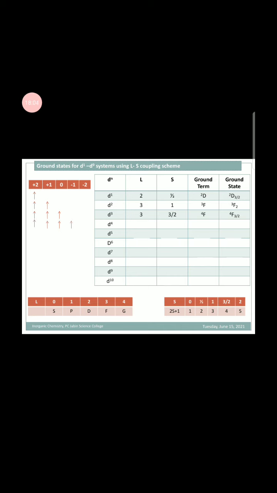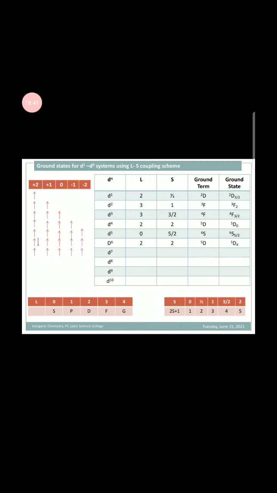For d4, L is 2, S is 2, the ground term is 5D and the ground state is 5D0. For d5, L is 0, S is 5/2, the ground term is 6S, and the ground state is 6S 5/2. If d has 6 electrons, L is 2, S is 2, the ground term is 5D, the ground state is 5D4.